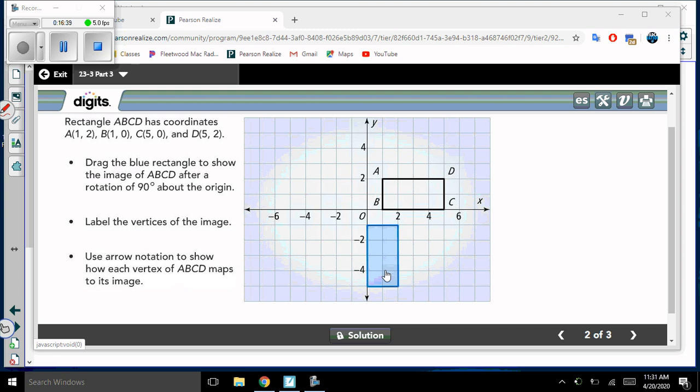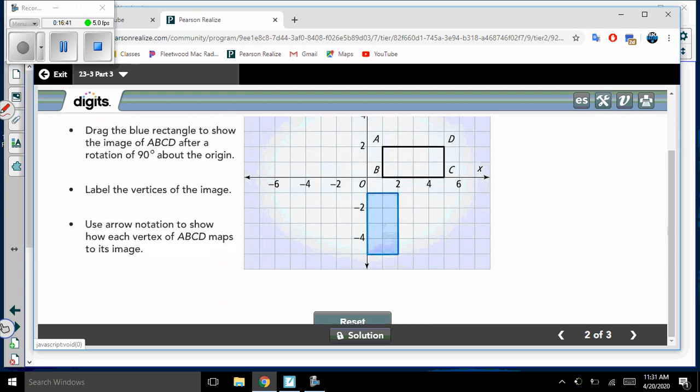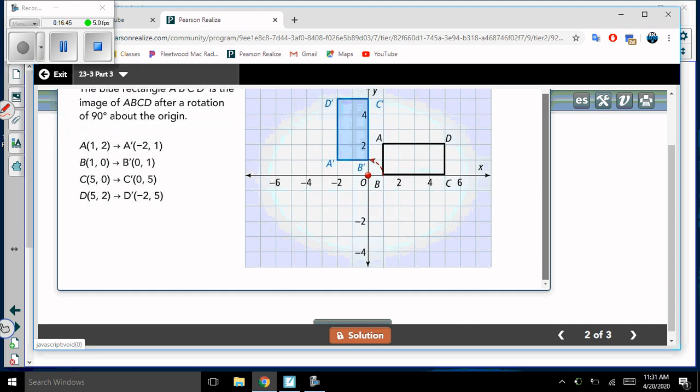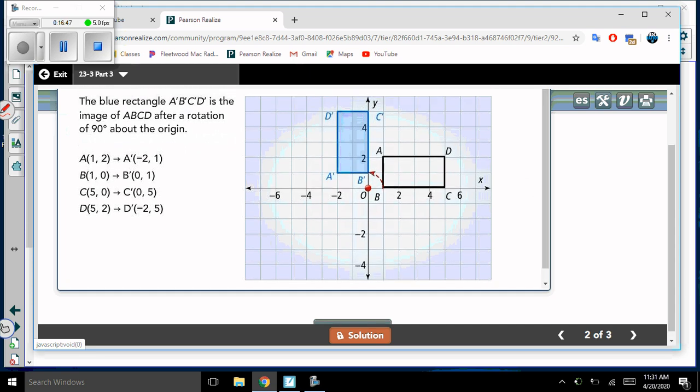And so if we wanted the situation with angles, here's basically what you would have ended up with. They show you the rotation just like I did, and they show you with arrow notation that (1, 2) goes to (-2, 1), which I believe I stated. (1, 0) goes to (0, 1). (5, 0) goes to (0, 5). And (5, 2) goes to (-2, 5).